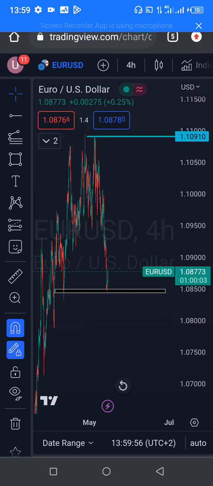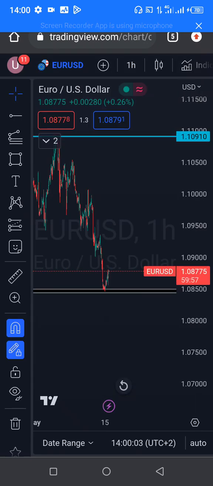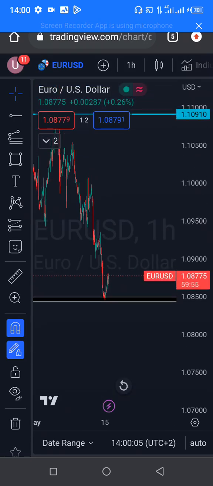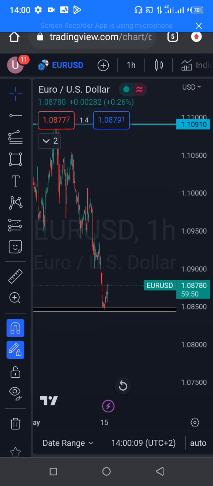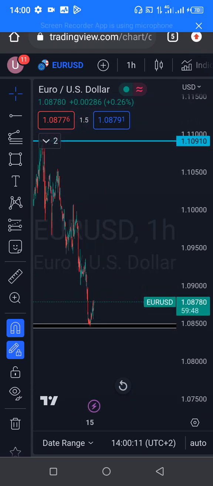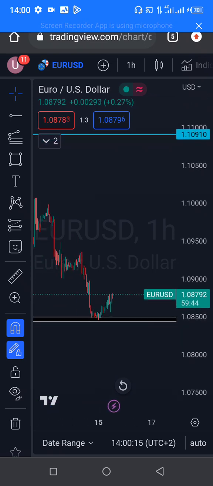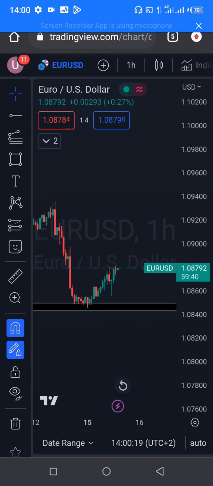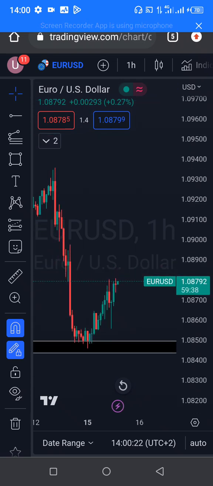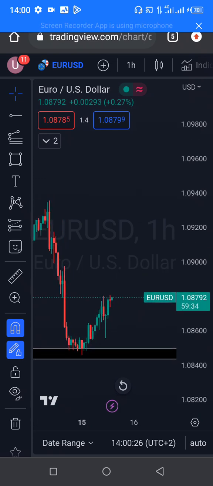So let's go to the 1-hour time frame. On a 1-hour time frame, that's where I look for entries. Here I'm going to look for double bottoms. A double bottom is going to look like this.